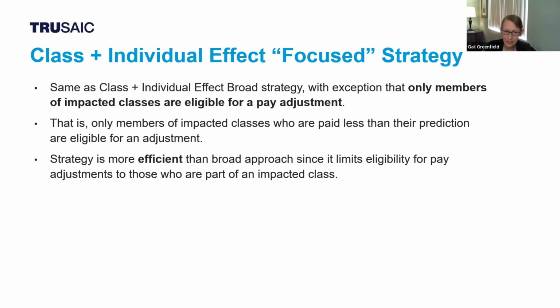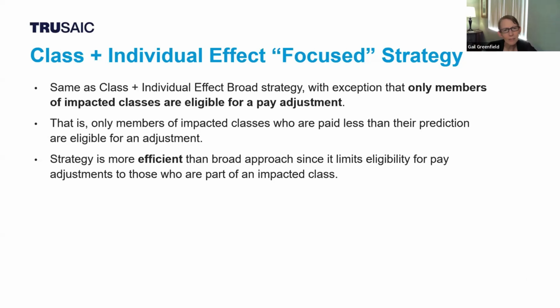Specifically, only members of impacted classes who are paid less than their prediction are eligible. Unlike the broad strategy, where anybody in that pay analysis group who's paid less than prediction would receive an adjustment, here only members of an impacted class who are paid less than their prediction are eligible for an adjustment.